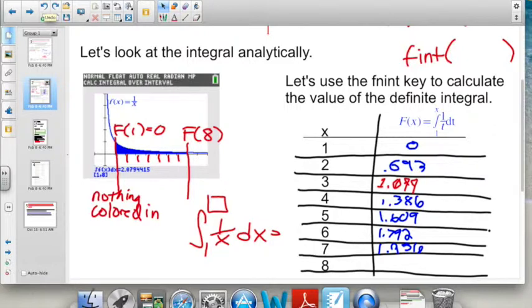Match the table. Which function is the antiderivative of 1 over x? I want to do it from the graphs. Which table does it match? Talk to your table.